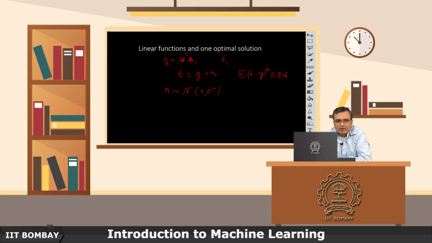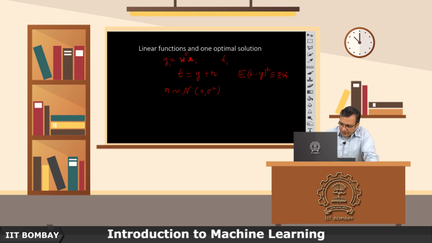We don't know what that sigma squared is. We just know that we can estimate it. But essentially, the best estimator that we will have for any given t is something that will have zero mean. That is pretty much given.